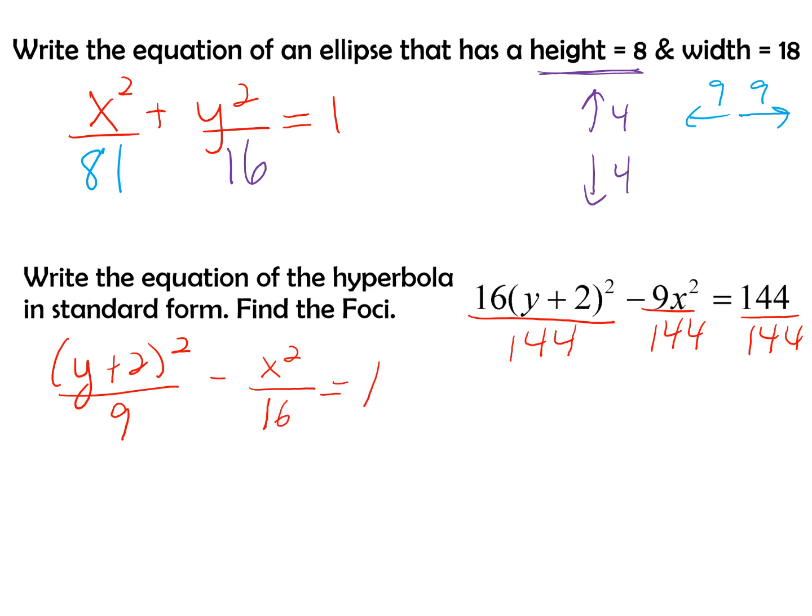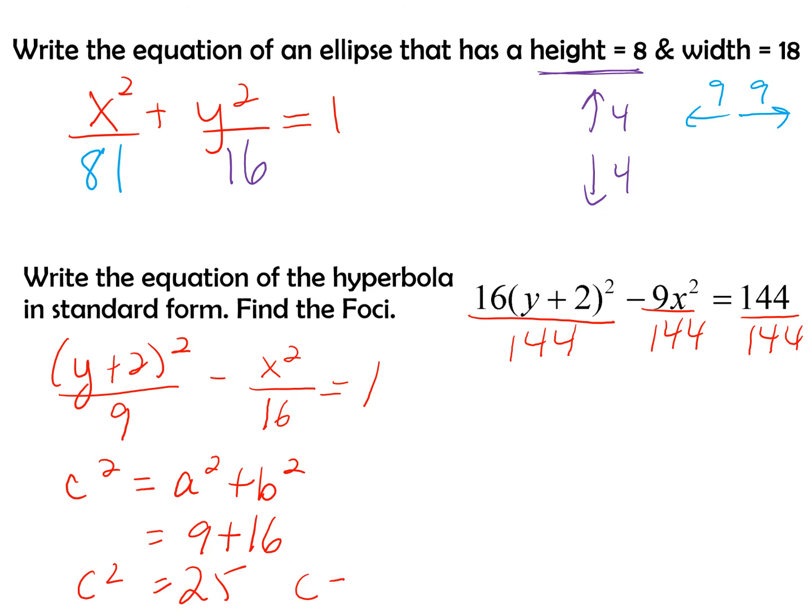And again, this is a hyperbola, so our relationship is going to be c squared equals a squared plus b squared. So I have 9 plus 16. So c squared is 25, which gives us c is 5.